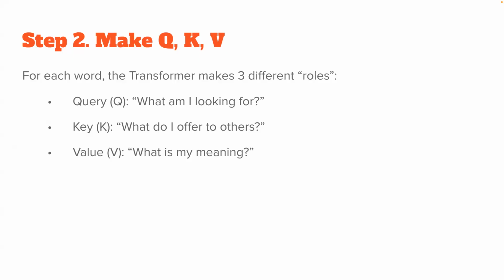The Q is the query, so they want to analyze, for that word, what is the thing that word is looking for? Obviously that information is going to be based on the type of the word: a verb, a subject, an object. Also, as this word, what can I offer to others who are looking for attention or relationship?